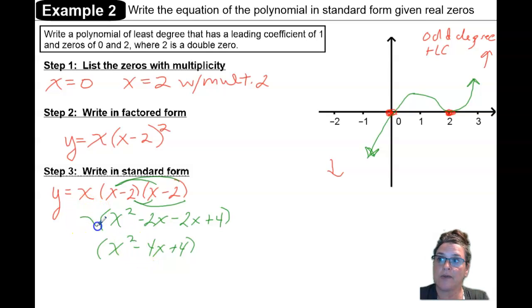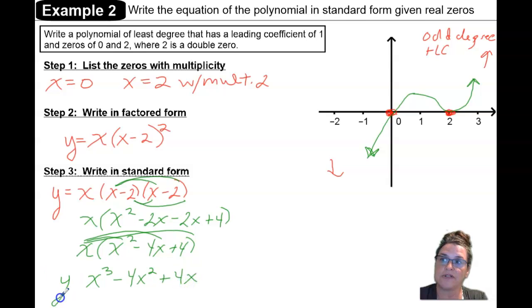So now we got to bring down this linear factor of x, and our last step then to get rid of these parentheses is to distribute this monomial to the trinomial. So x times x squared is x cubed, then x times negative 4x is a negative 4x squared, and x times a positive 4 is a positive 4x.